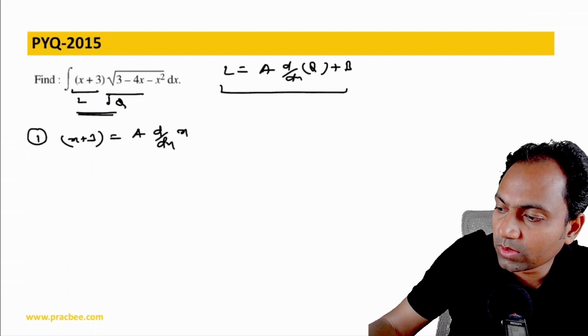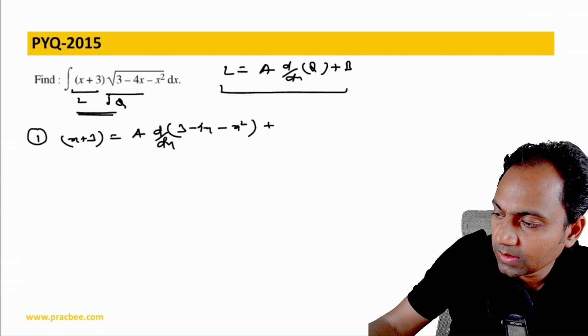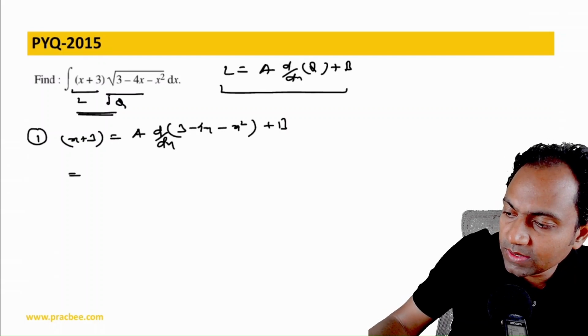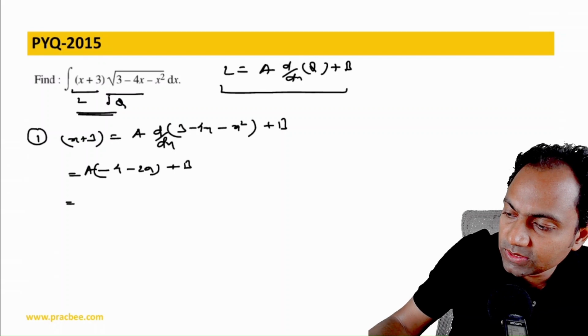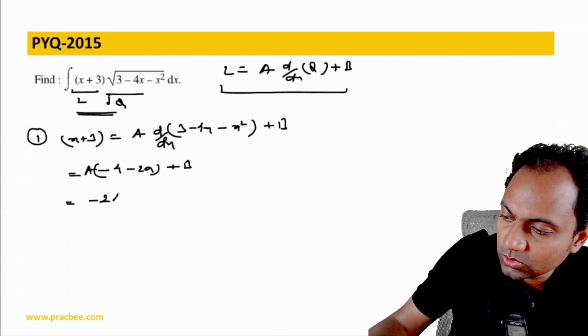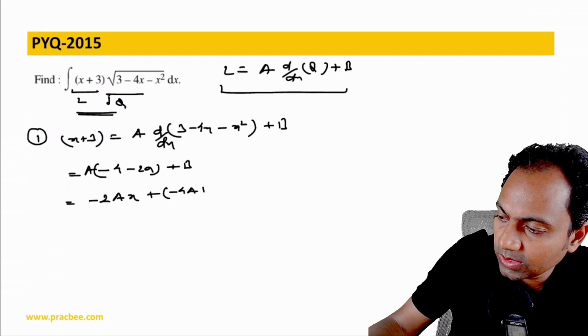So if I write the quadratic here, it is nothing but a times derivative of (3 minus 4x minus x square) plus b. And if you simplify this, this comes out to be a times (minus 4 minus 2x) plus b. If I simplify, it is nothing but minus 2ax plus (minus 4a plus b).